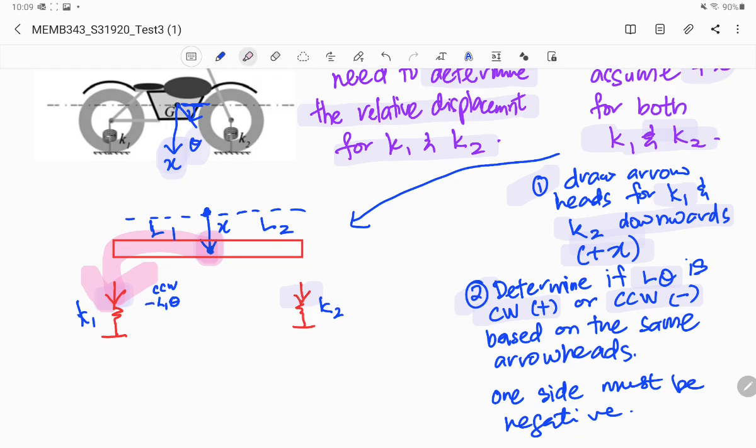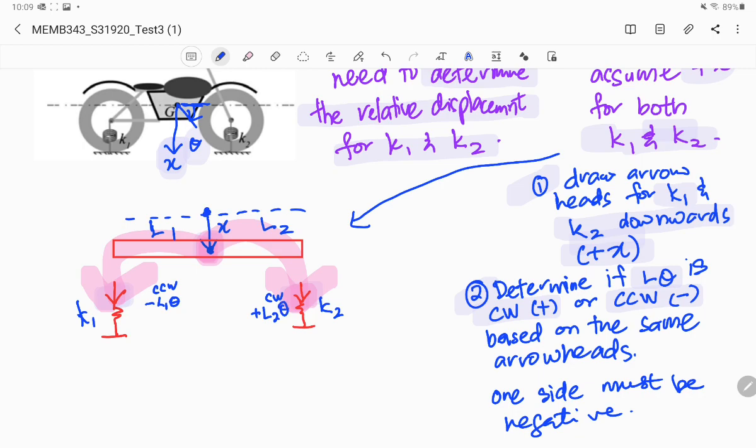Whereas for K2, from the pivot point to this arrowhead, it is clockwise. The length is L2, so since it is clockwise, it is positive L2 theta.